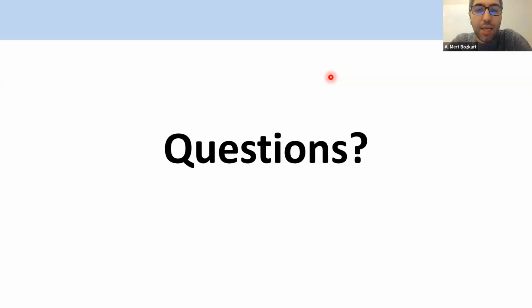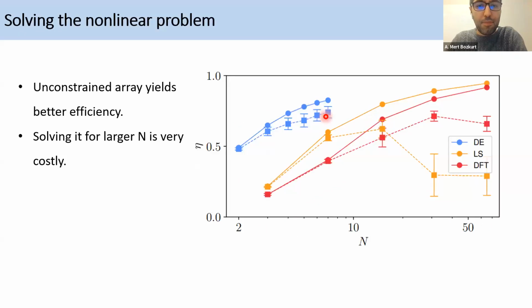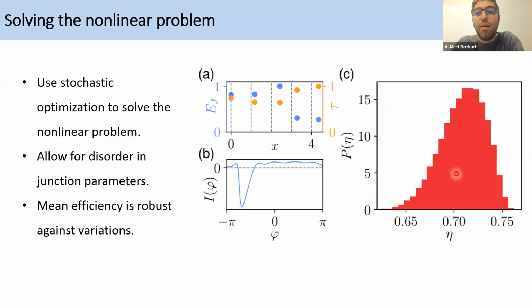So here, for example, we were optimizing the Josephson energies such that when you have a plus or minus 2% difference in the junction parameters, it would still give you a robust efficiency. So I would say plus or minus 2% is the degree that we took. Okay, thank you, that's clear.